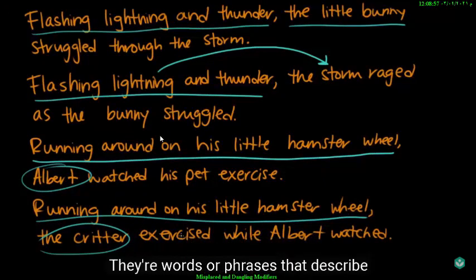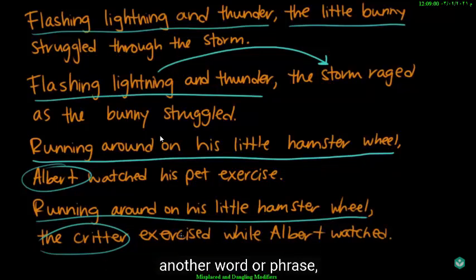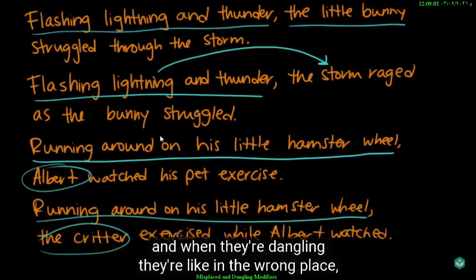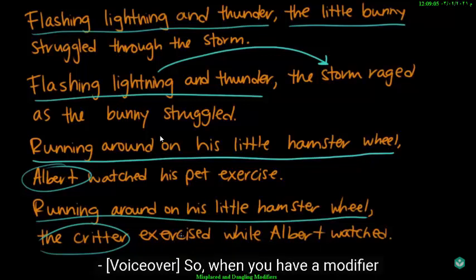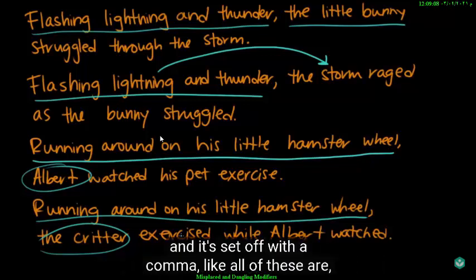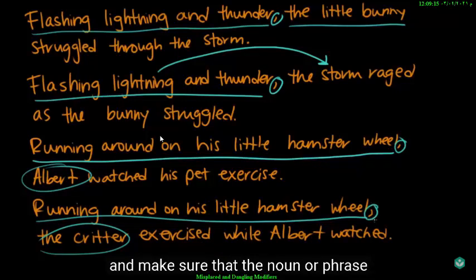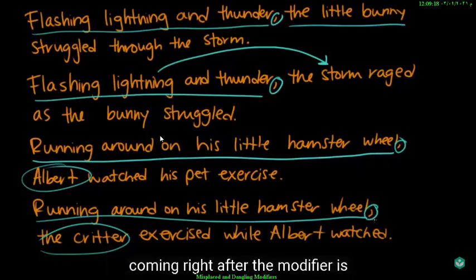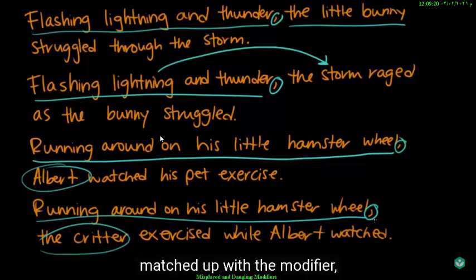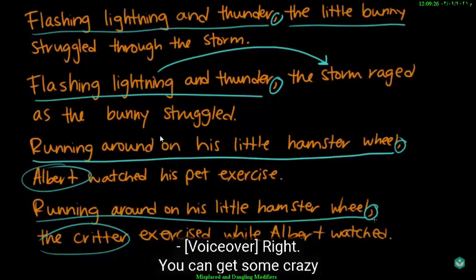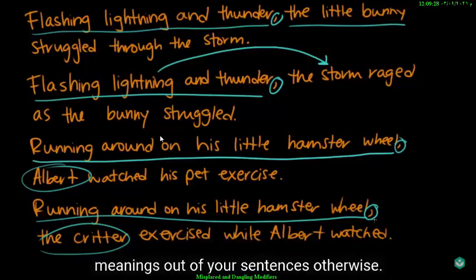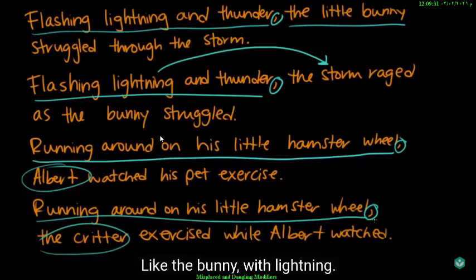They're words or phrases that describe another word or phrase, and when they're dangling, they're in the wrong place. They're in front of the wrong noun. So when you have a modifier at the beginning of your sentence and it's set off with a comma, like all of these are, that's when you have to pay attention and make sure that the noun or a phrase coming right after the modifier is matched up with the modifier so that it's describing the right thing. Right. You can get some crazy meanings out of your sentences otherwise, like the bunny with lightning. So that's dangling modifiers. You can learn anything.